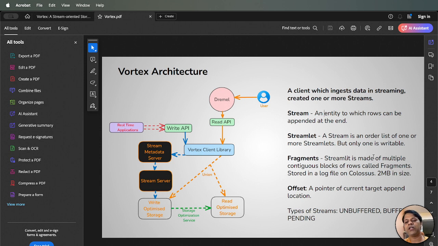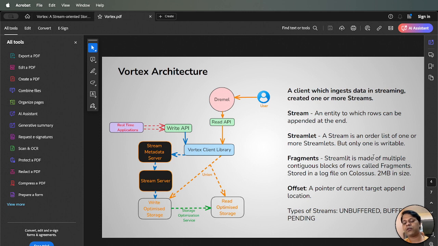Because in a distributed scenario, a system handling failures and keeping copies of data is very common, but only one of them is writable. Each of the streamlets again consists of fragments, which are nothing but continuous blocks of rows stored in a log file, and that log file is handled or stored on Colossus.